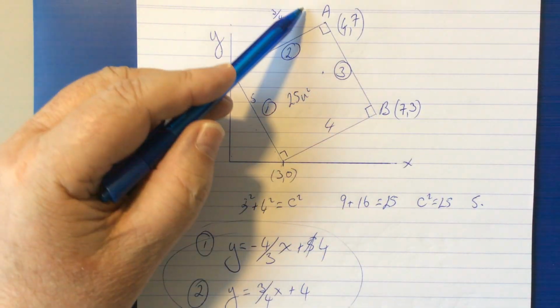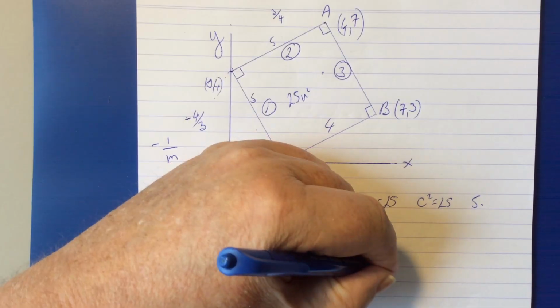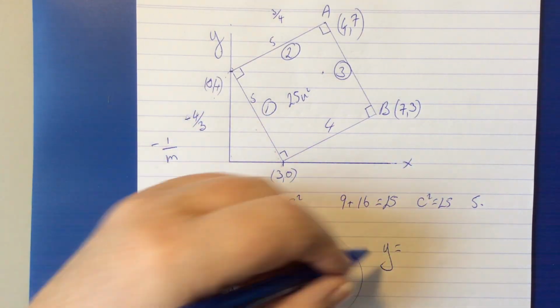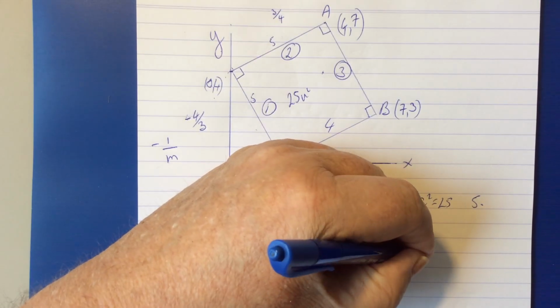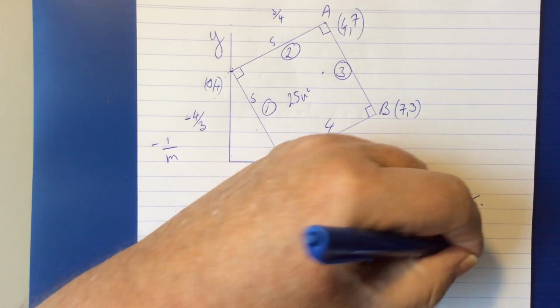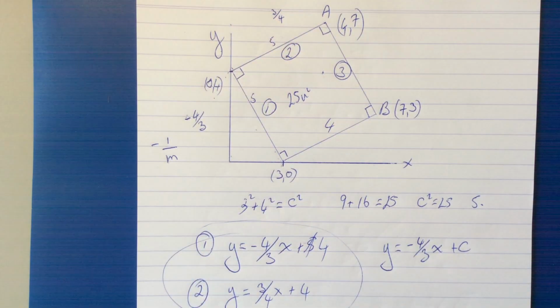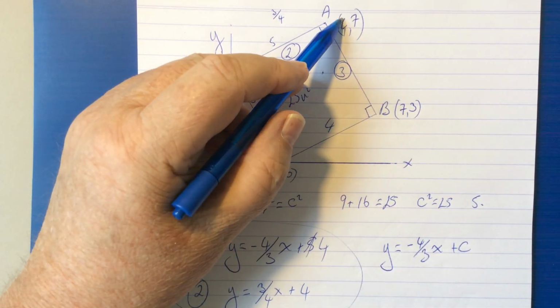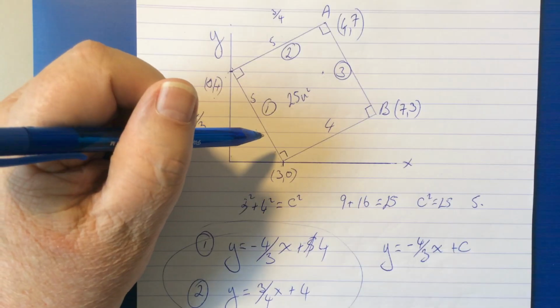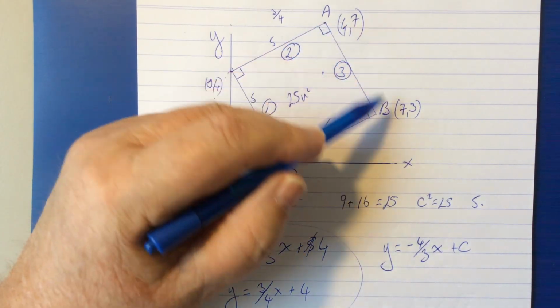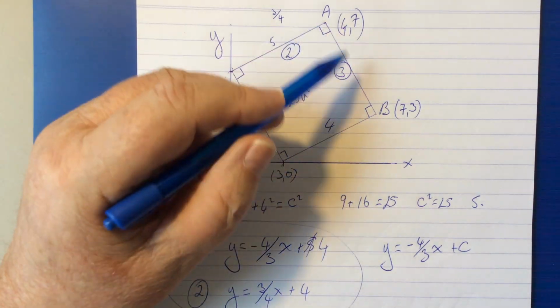For line 3, we have the gradient. y is equal to negative 4 on 3 x plus c. We don't know what c is. It's a way up somewhere on the y-axis. How do we find it? Well, we have some points. We know that this line passes through this point and this point. It doesn't really matter which one you use.